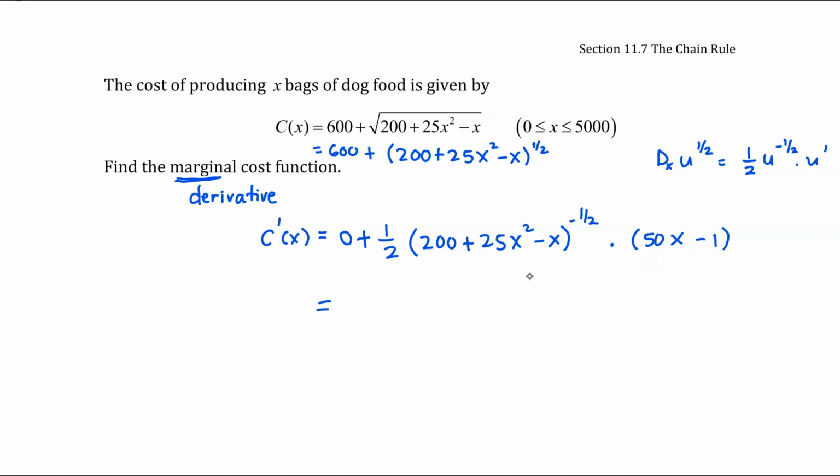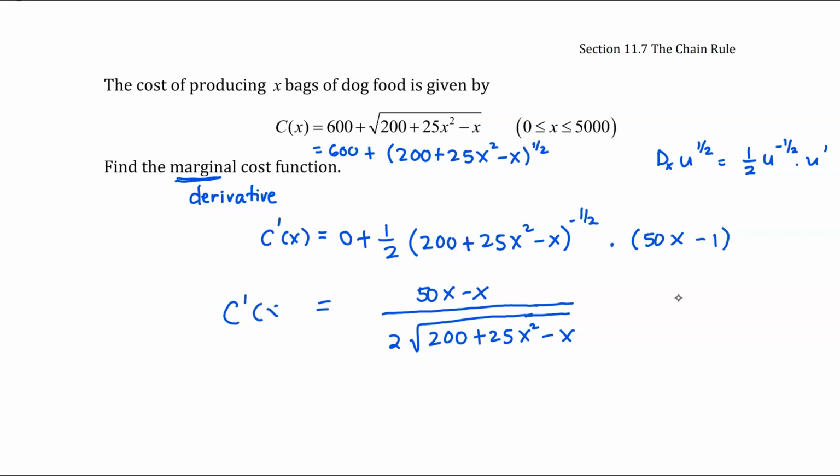Okay, so let's try to simplify this a little bit. Again, this one is acceptable, but let's write it in a simpler form, which is (50x minus 1) divided by 2 times the square root of 200 plus 25x squared minus x. This is your marginal cost function.